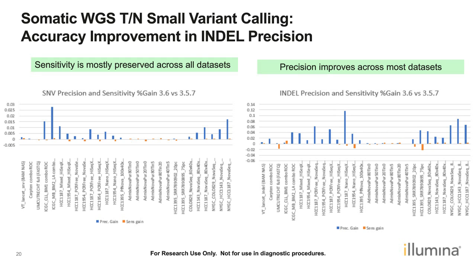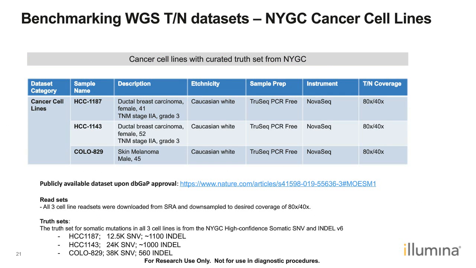Okay. We also wanted to look at how DRAGEN performs with these updates on the NYGC cancer cell lines, right? So these are typically the 3 samples that we use, and which are commonly used, I think, in the industry as well for benchmarking. So this is the 1187, 1143, and the Colo 829 samples.